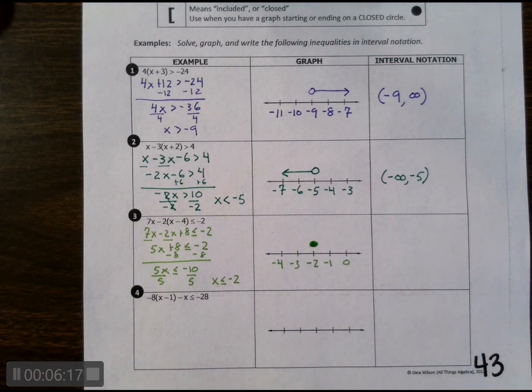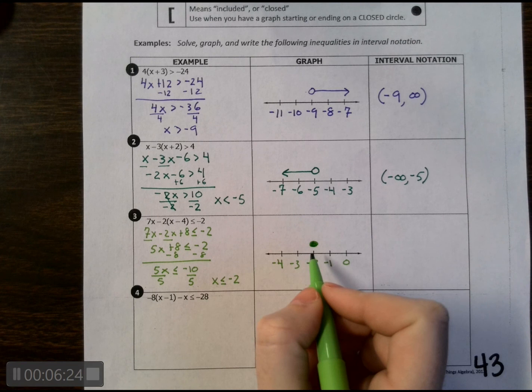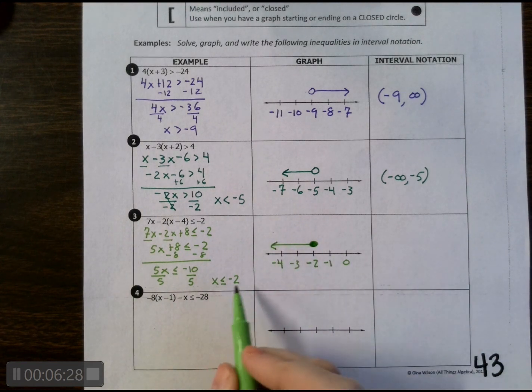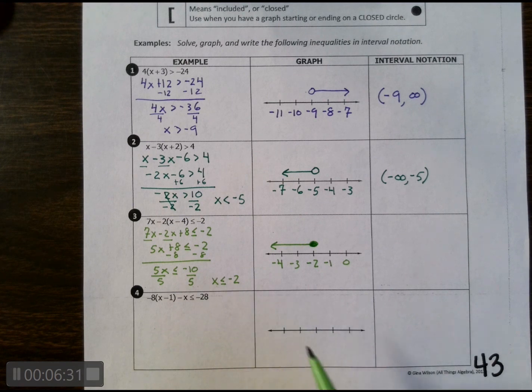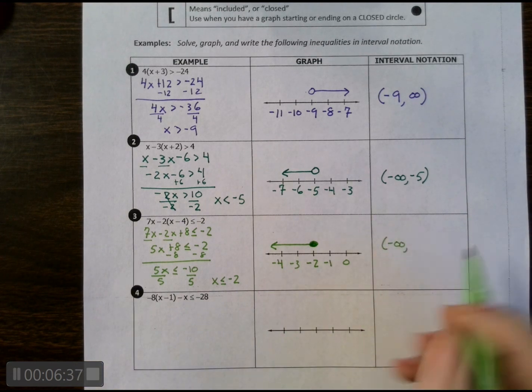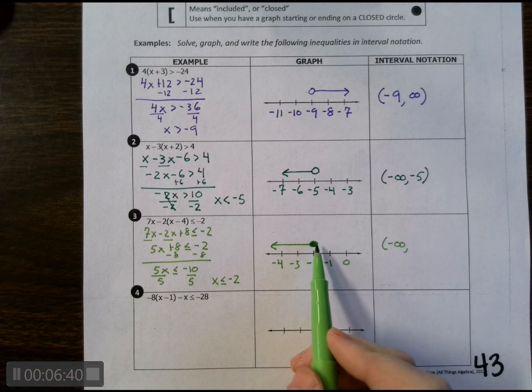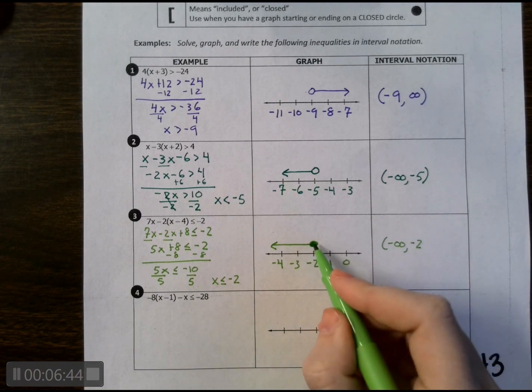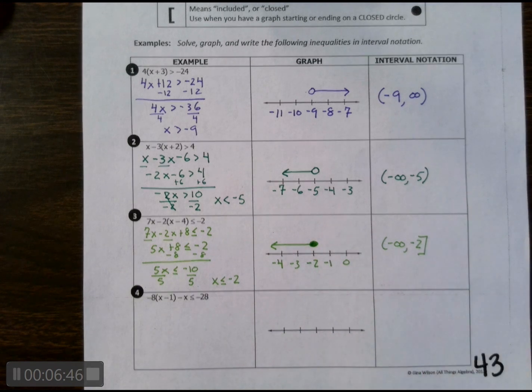Since x is less than or equal to negative 2, or negative 2 is greater than or equal to x, depending on which way you want to read it, it's going to be pointing this way because negative 2 is the greatest thing we can get on that graph. So start at our leftmost point, and since it's an arrow, it's going to be negative infinity. And then we go to the right, to the right, to the right, and it's negative 2. And since it is a closed circle, it's going to be bracket. Okay?